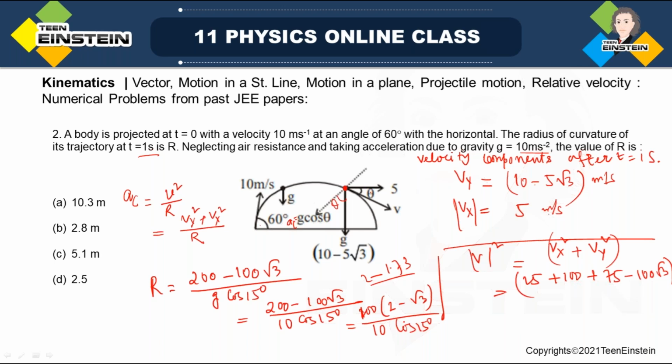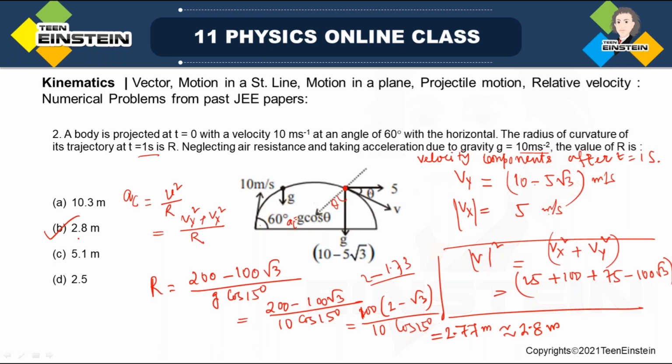If you take this out and multiply with 10, you'll get around 2.6. And if you divide with cos 15, then you will reach some value like 2.77 meter, which will be nearly equal to 2.8 meter. So this will be the answer.